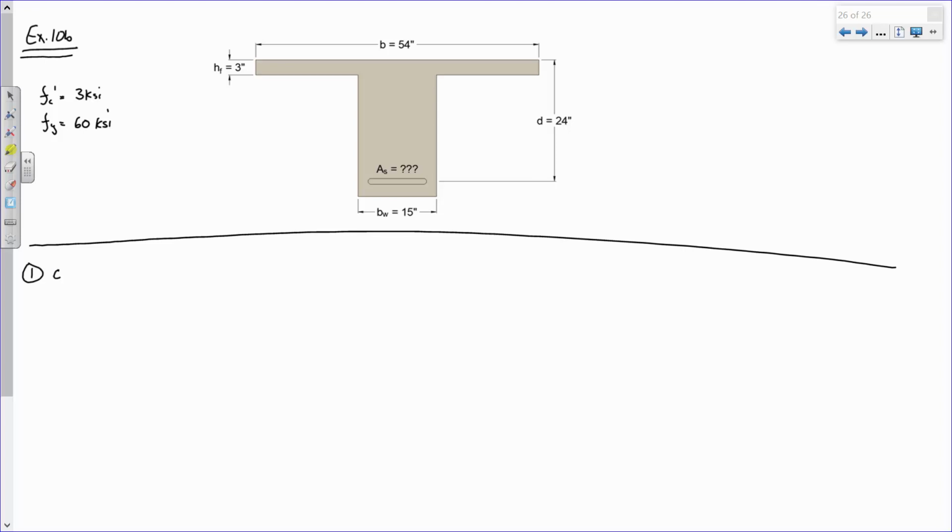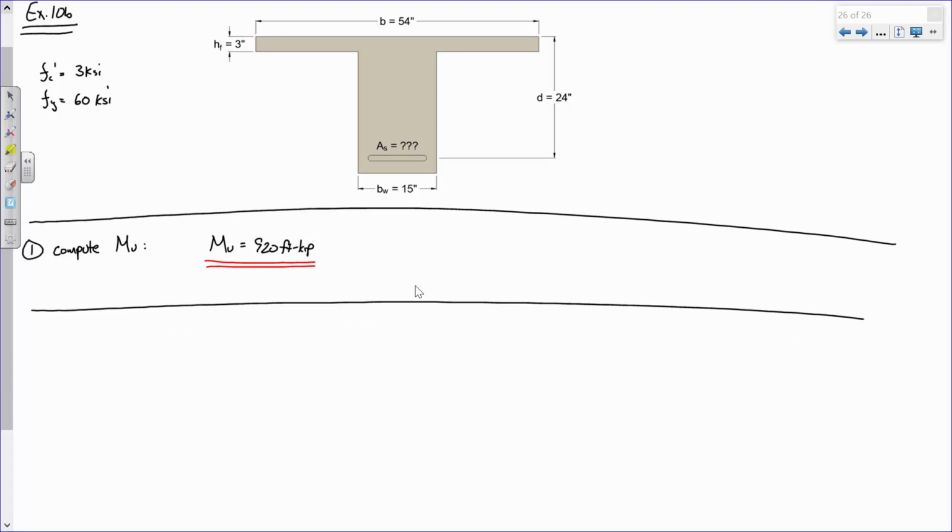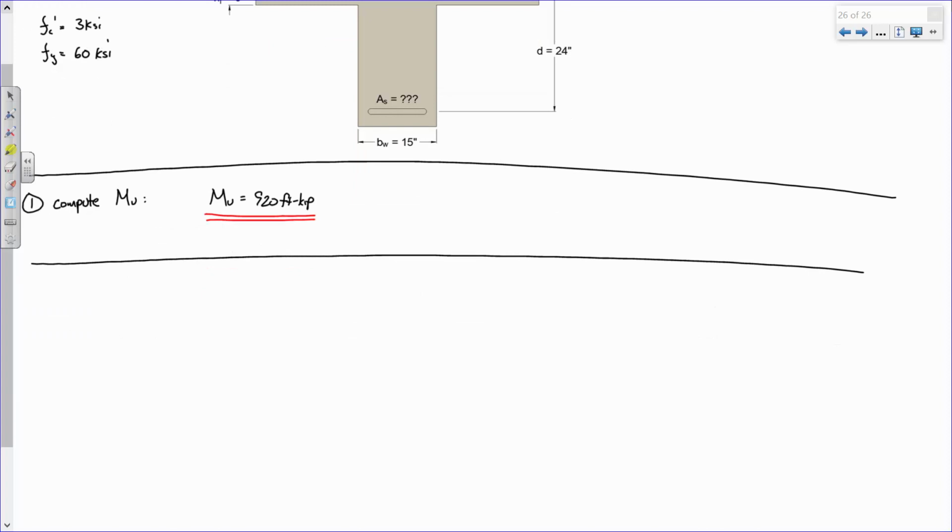So step one, compute Mu. Well, I gave it to you. Mu is 920 foot-kips. Now, you can't get away from doing everything, so we do have to do a couple calcs.